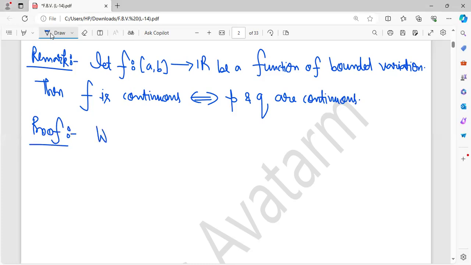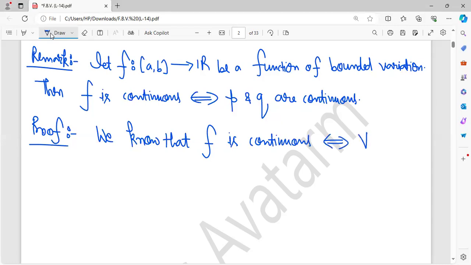We know that F is continuous if and only if BF is continuous.